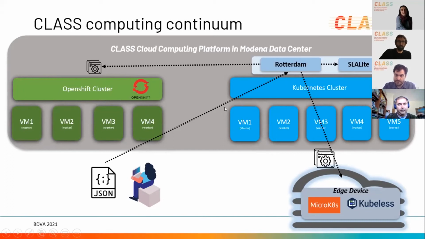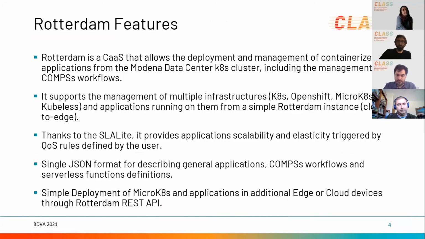And in case the quality of service is not being met, it will make sure that it can be scaled or moved to a different location so that the time guarantee is fulfilled. So Rotterdam is our Container as a Service and allows the deployment and management of containerized applications in Kubernetes.